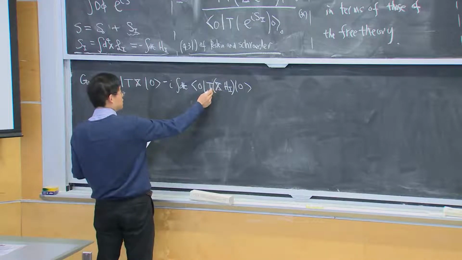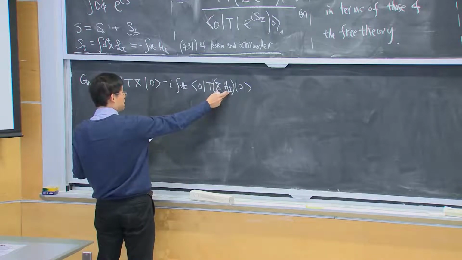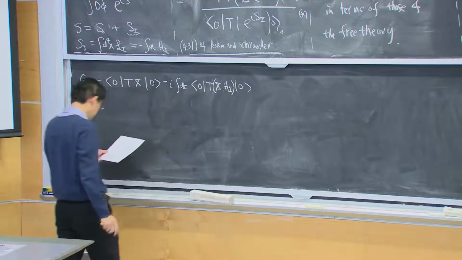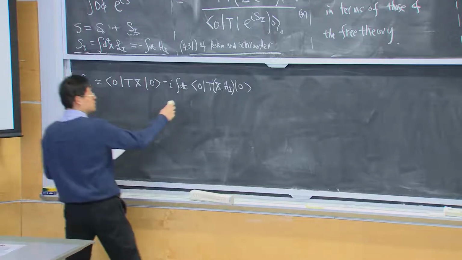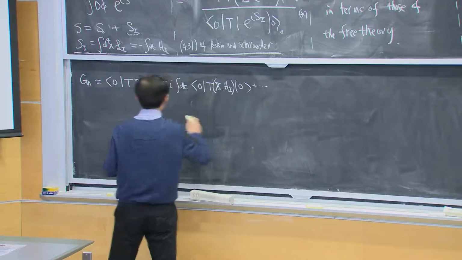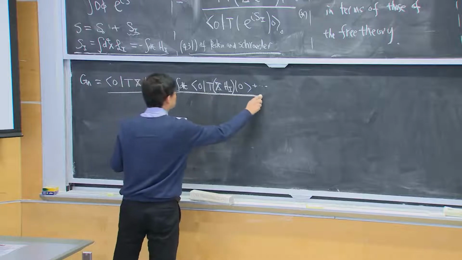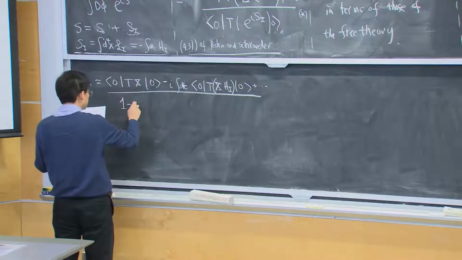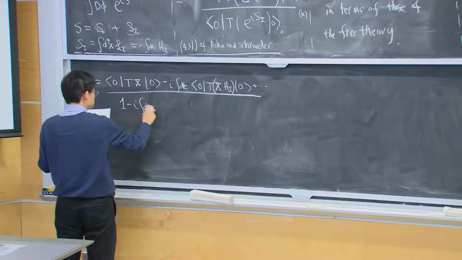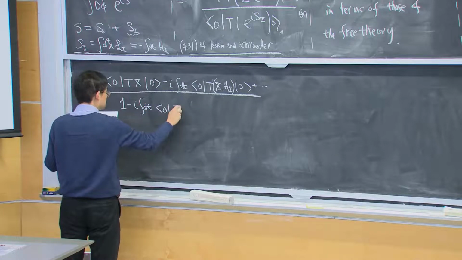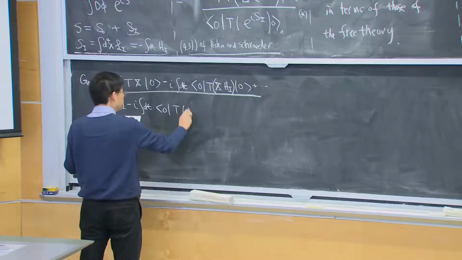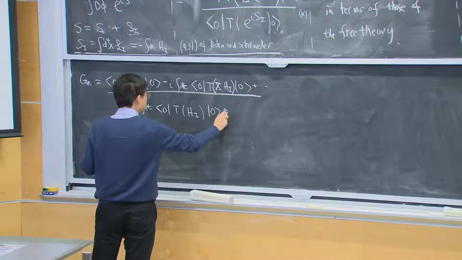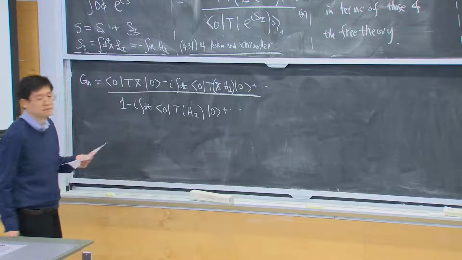Remember here you need to time order them together because both of them are in the same integrand, and so on. Downstairs you just expand this too. Essentially you have 1 minus i dt, then you time order the interacting part of the Hamiltonian, plus higher order.